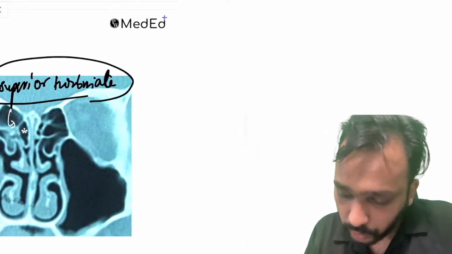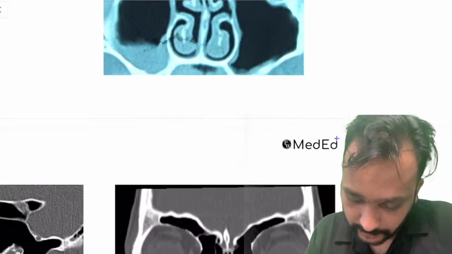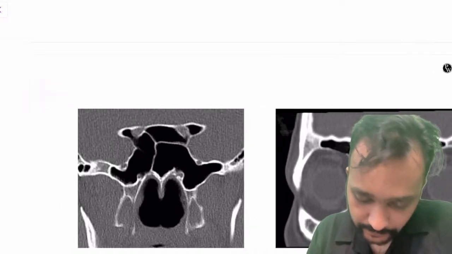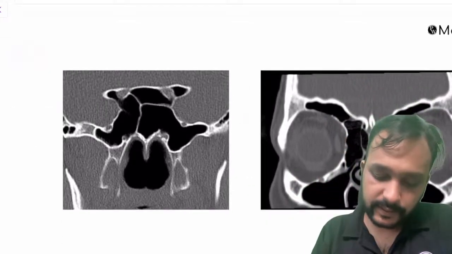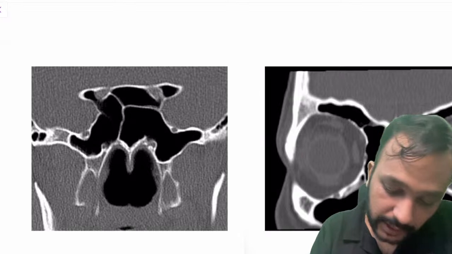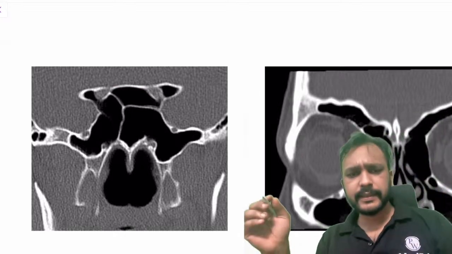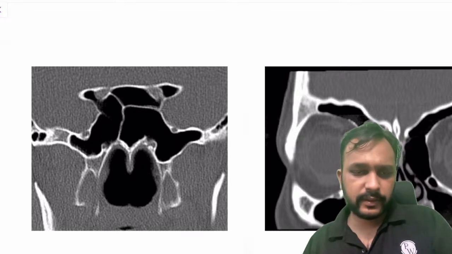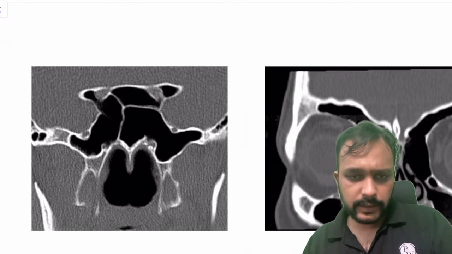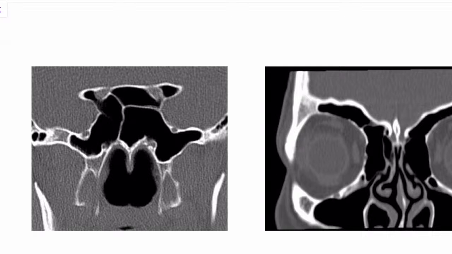Now talking about Onodi cell, right? So Onodi cells are your sphenoethmoidal air cells that lie adjacent to the optic nerve. So here in this image, the Onodi cell can be seen, and you can see that this part is your optic nerve.